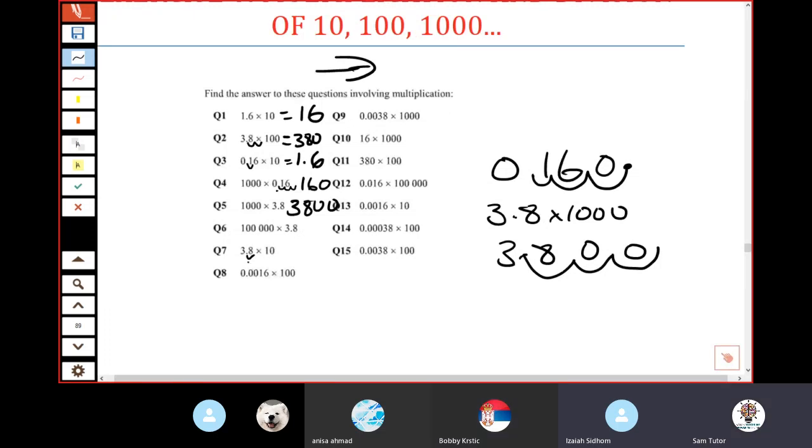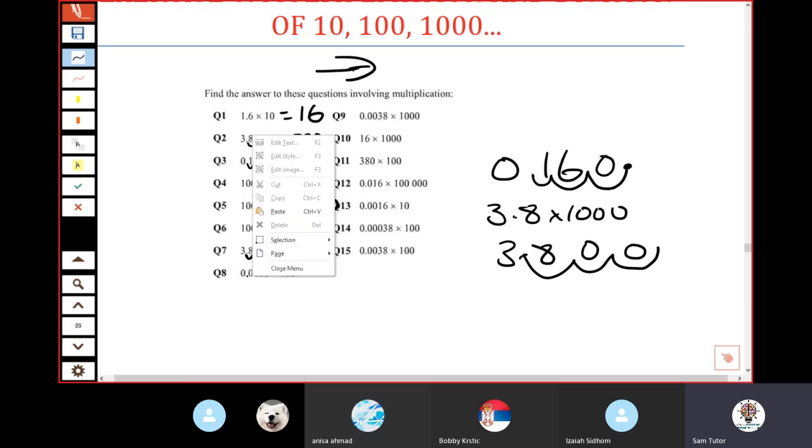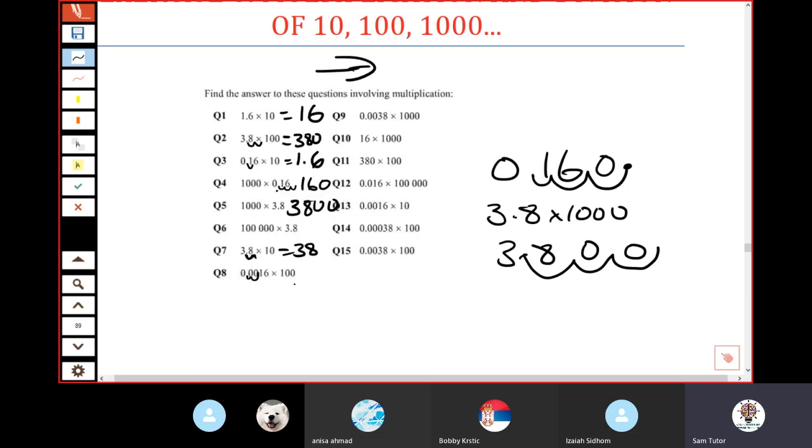Thank you. 3.8 times 10. You just move it once to the right, becomes 38. 0.0016 times 100, you move it 2 to the right. 1, 2. What's the answer to that one? Can anyone tell me the answer to this?